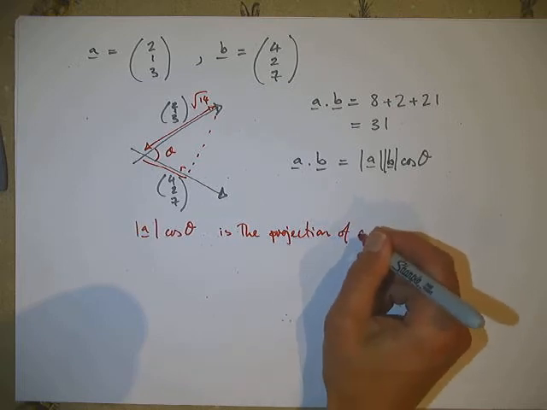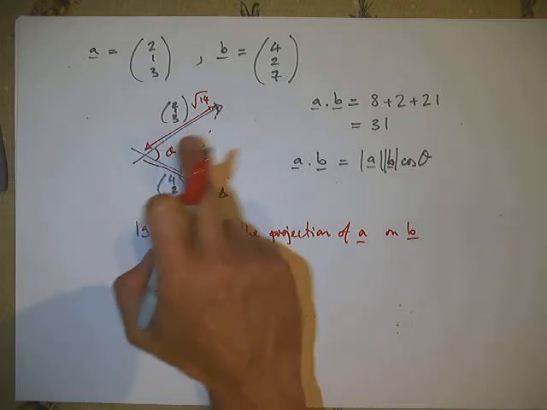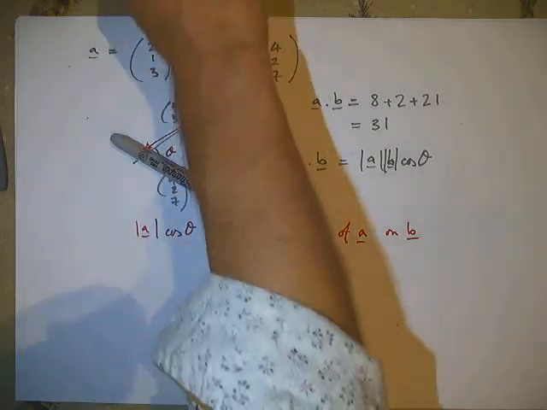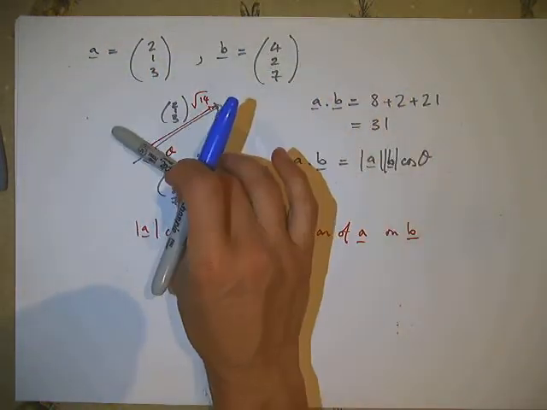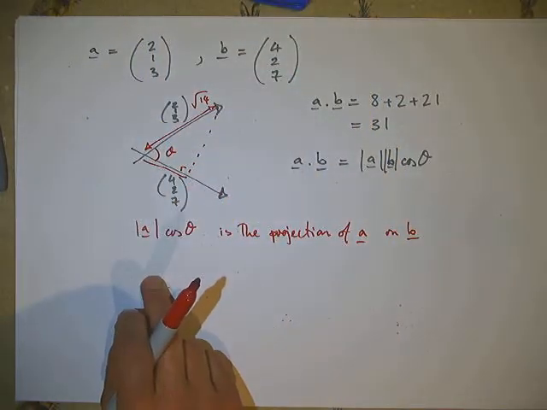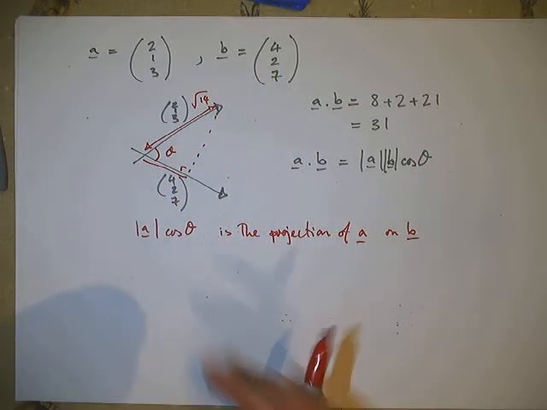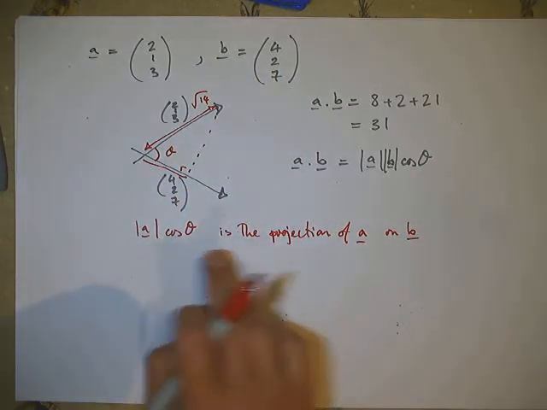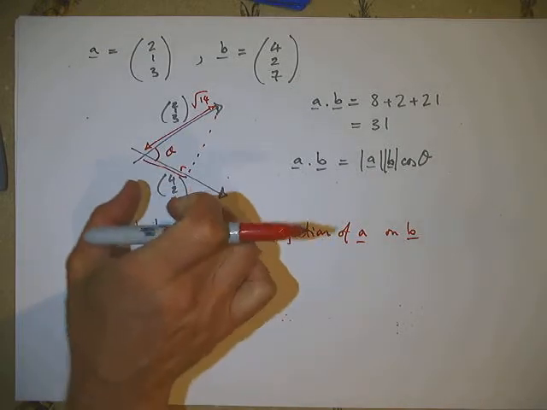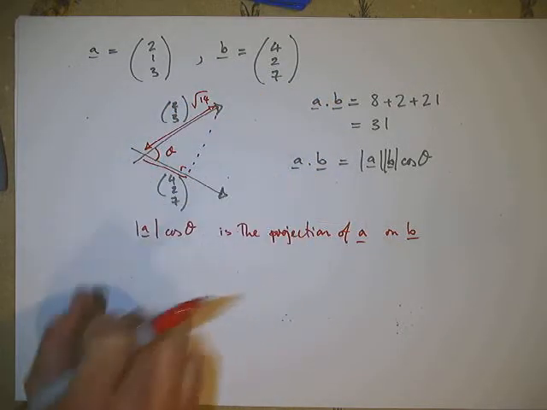The projection of A on B. I'm working out if I split that vector into a pair of components parallel to B and perpendicular, this parallel component would be this answer here. When I multiply that by B, I'm combining the effect of this one in that direction with that one.